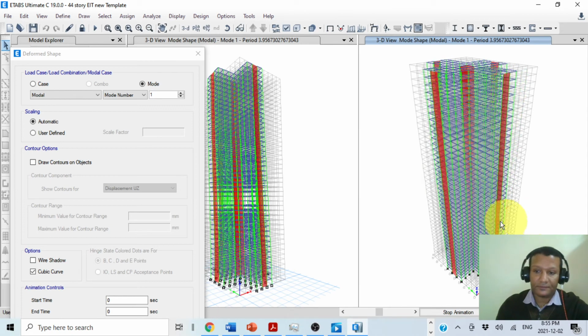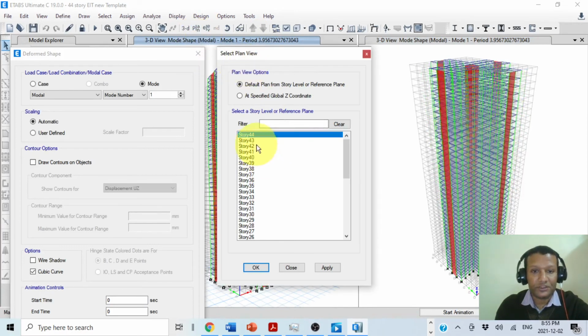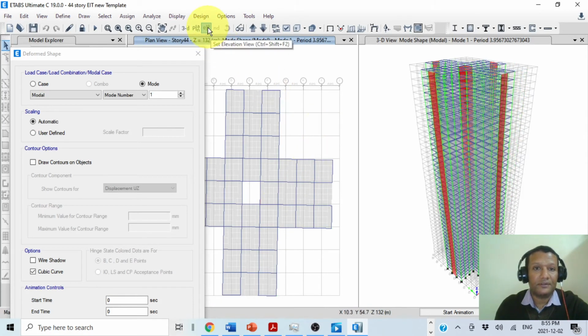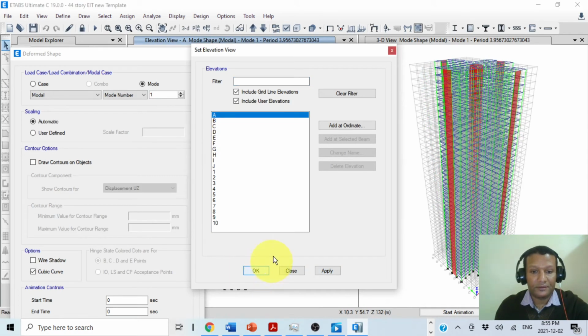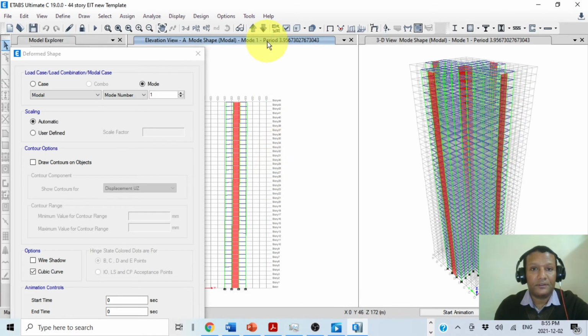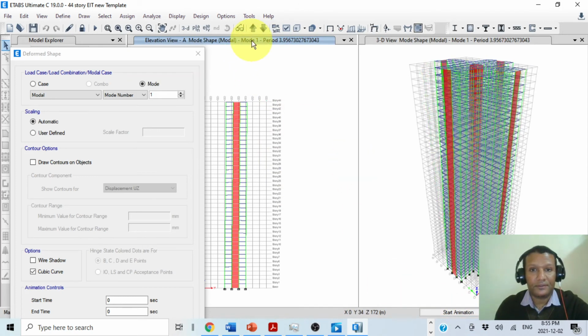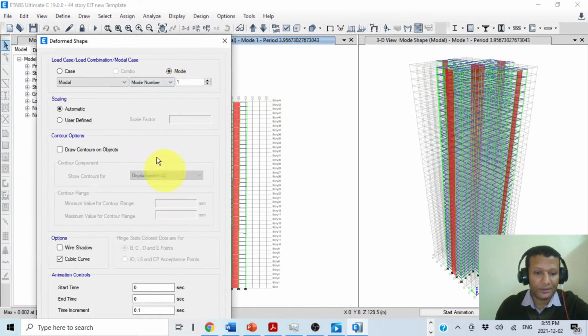Okay, let me make this one elevation 44. Okay, no, I want to open elevation. This one also, mode 1.